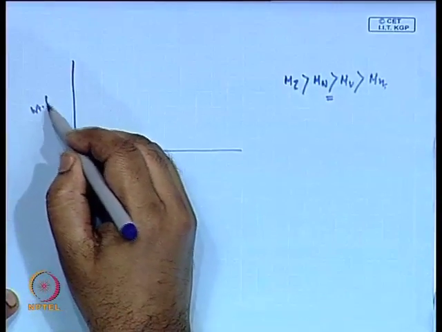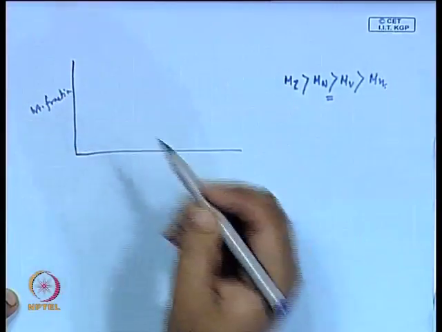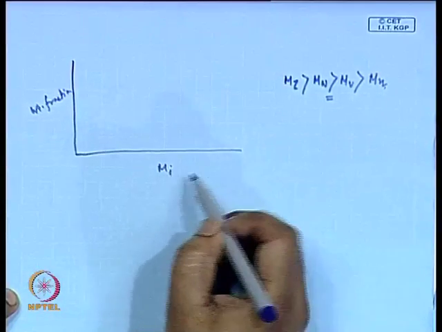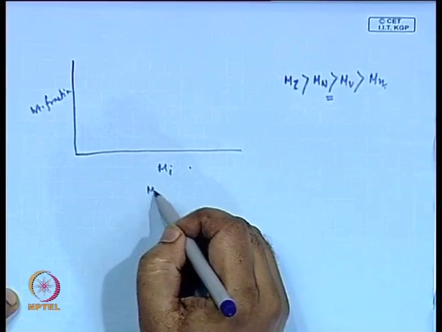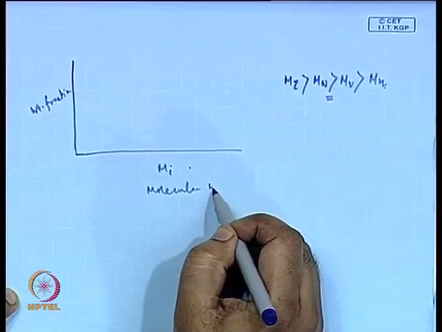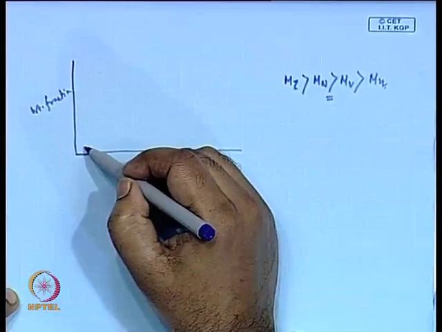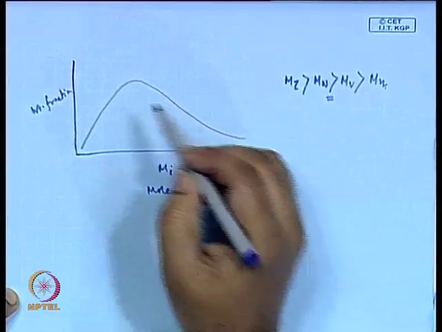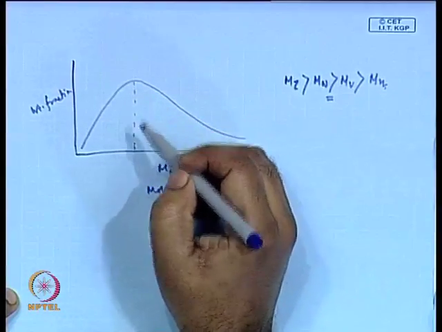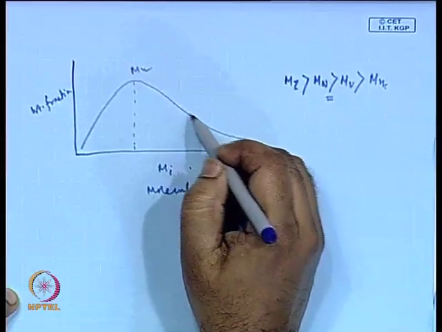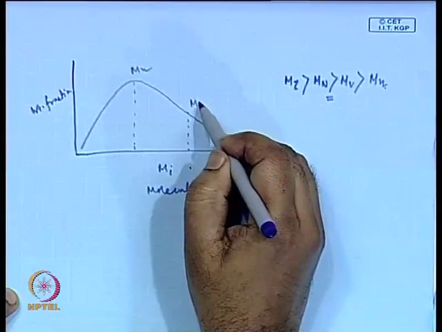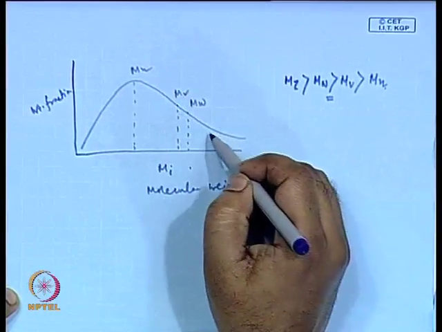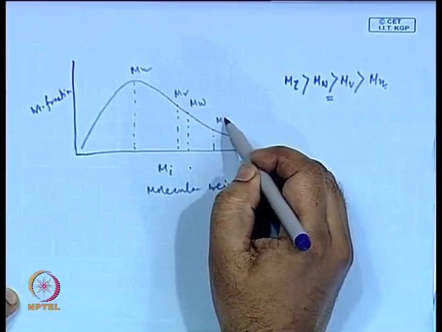So, if I plot weight fraction against the molecular weight Mi, the curve will look like this, and this will be say Mn, Mw, Mv, and this will be Mz.